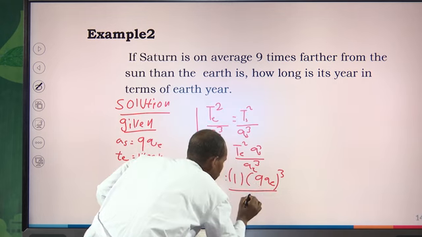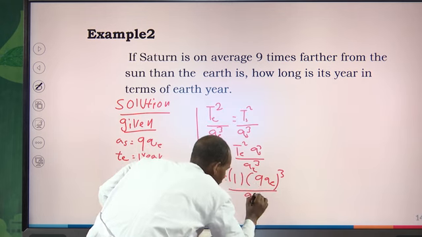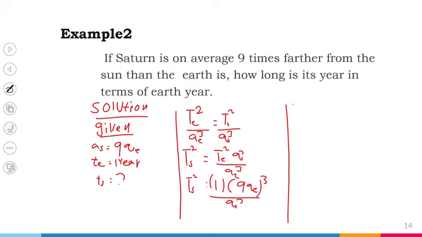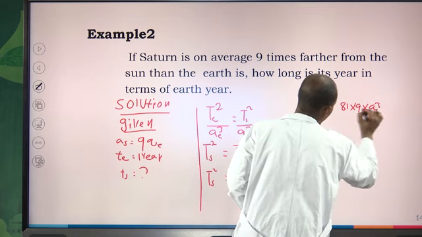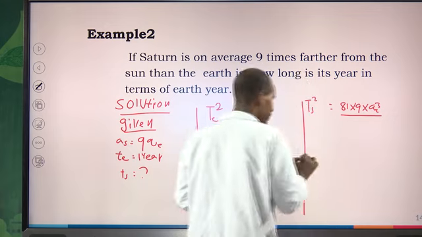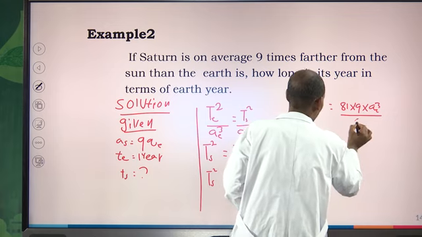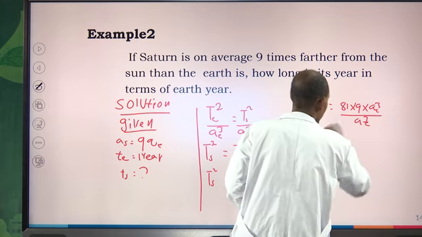When you cube 9, we get 729, times A of Earth cube over A of Earth cube.